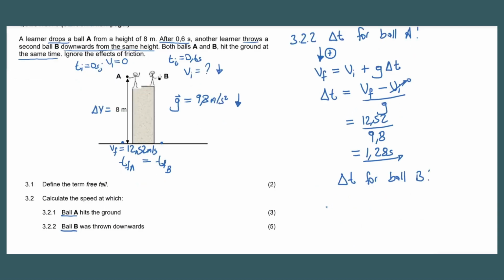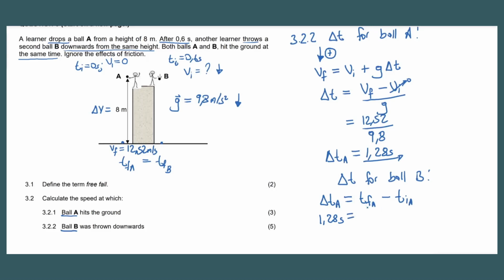So here is how. This is the change in time for ball A. And we know that the delta t, or the change in time of A, is equal to the time final of ball A minus the time initial of ball A. And so we now know that this change in time for ball A is 1.28 seconds.